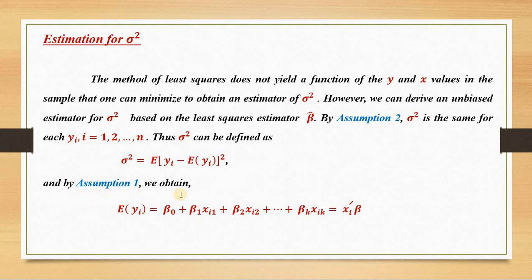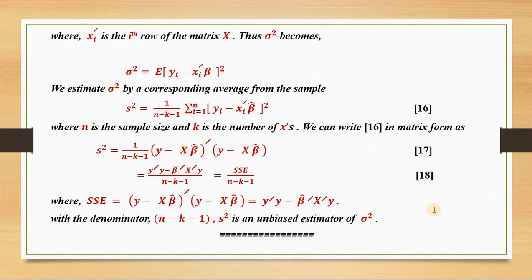By assumption, we obtain expectation of yi equal to beta naught plus beta 1 xi1 plus beta 2 xi2 up to plus beta k xik. This is nothing but xi prime beta, where xi prime is the ith row of the matrix X. So sigma square becomes the expectation of (yi minus xi prime beta) whole square.